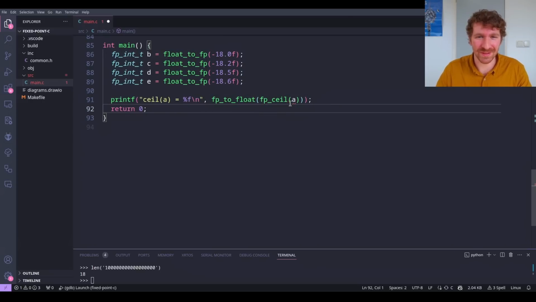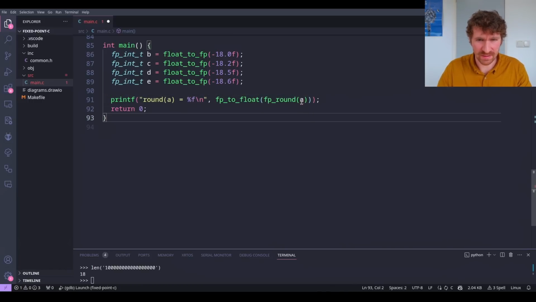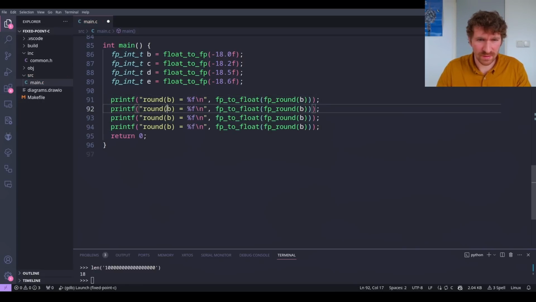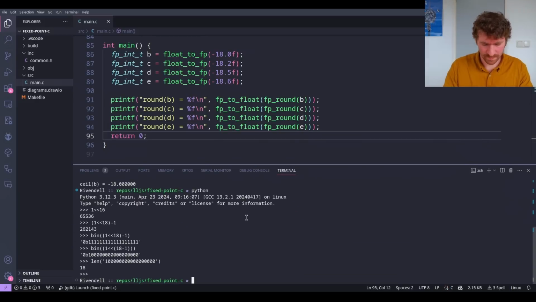So let's do it like this. We're going to have the round of A. It's actually not of A anymore, it's of B. And then we've got the round of C, D, and E. Let's see what happens when we round on these numbers.